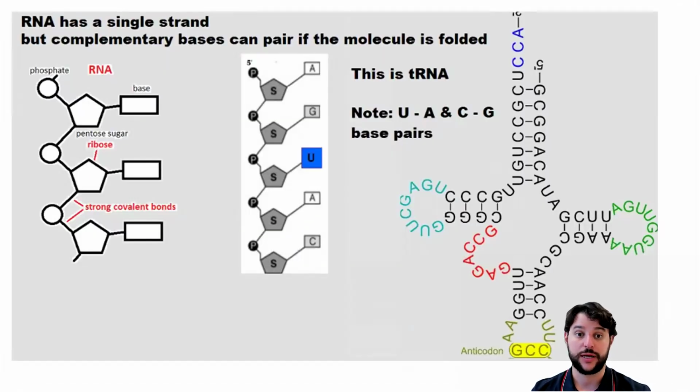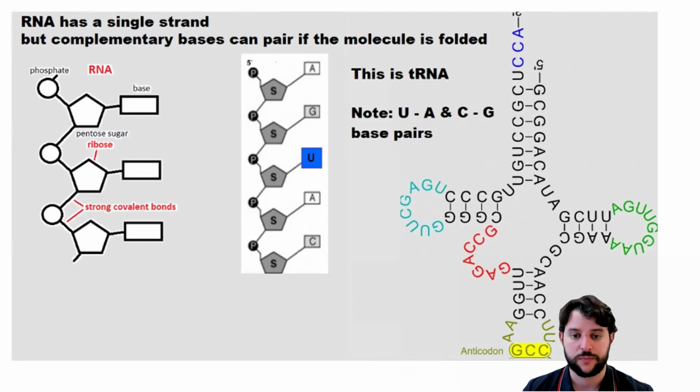RNA is very different. RNA is typically a single strand. They can form some loops, they can form pairings due to hydrogen bonds, but they're typically single strand. So what is the structure of RNA? Exactly as the DNA, single strand, covalent bonds, but you have a ribose. You don't have a deoxyribose. You have just a simple ribose here, and you have a uracil instead of thymine.